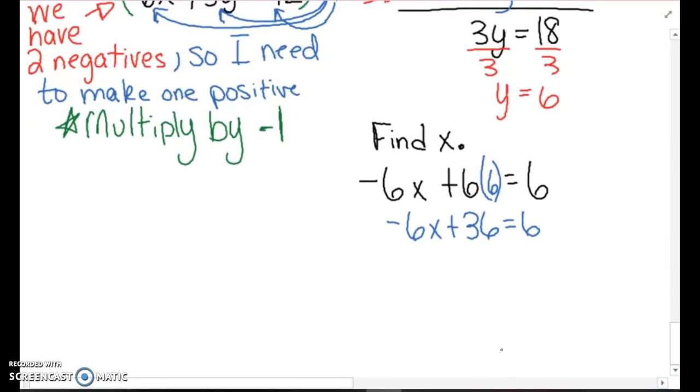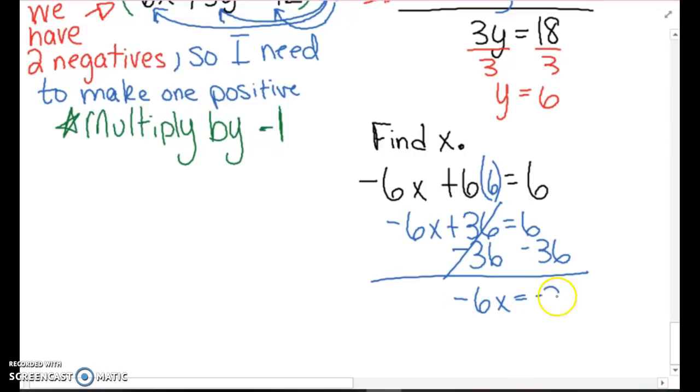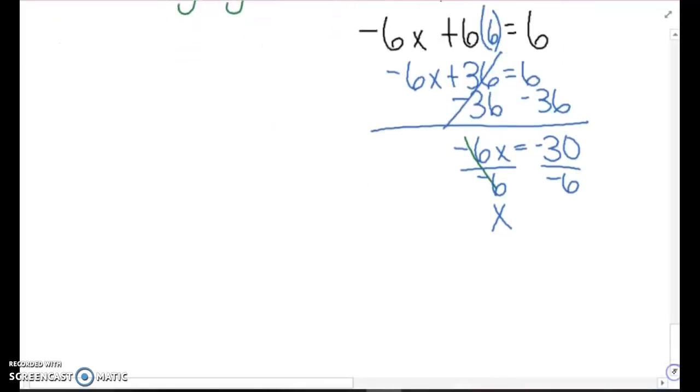So we're going to subtract 36. Negative 6x equals negative 30. Divide by negative 6. Negative 30 divided by negative 6 is positive 5.